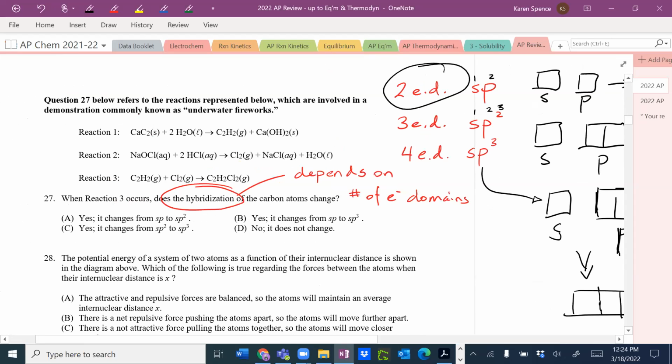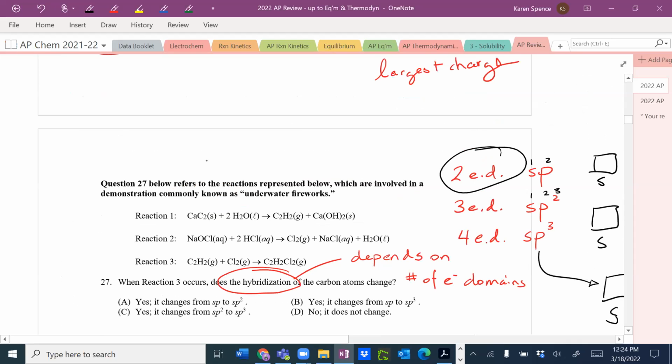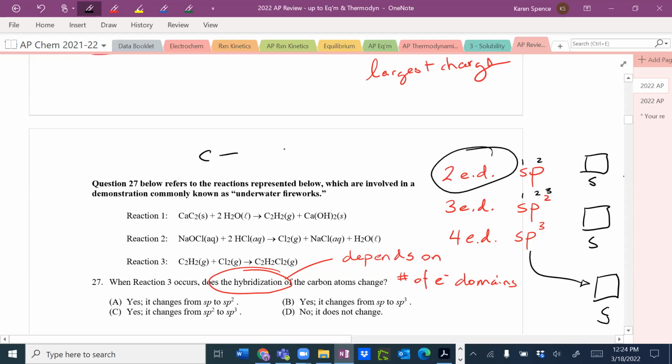Okay, so in reaction 3, we go from having C2H2. Remember, carbon almost always needs to have 4 bonds.